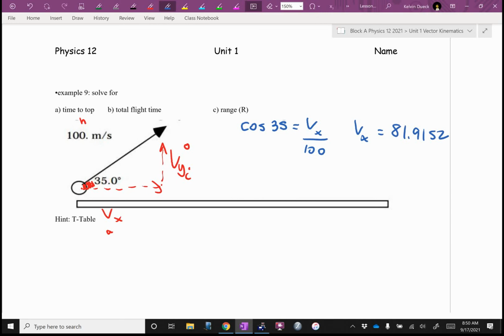Which trig function is Vy? I think sine.